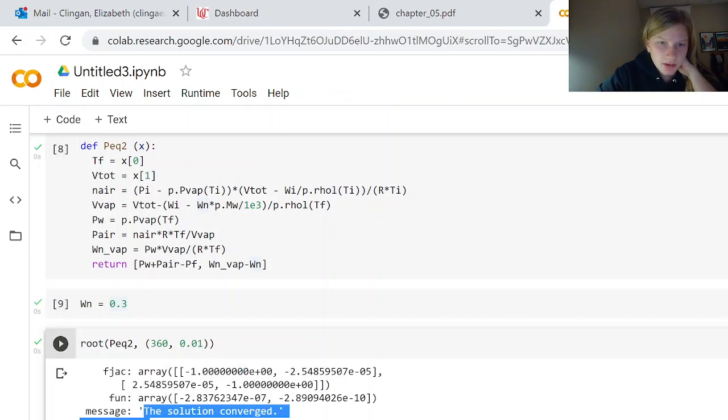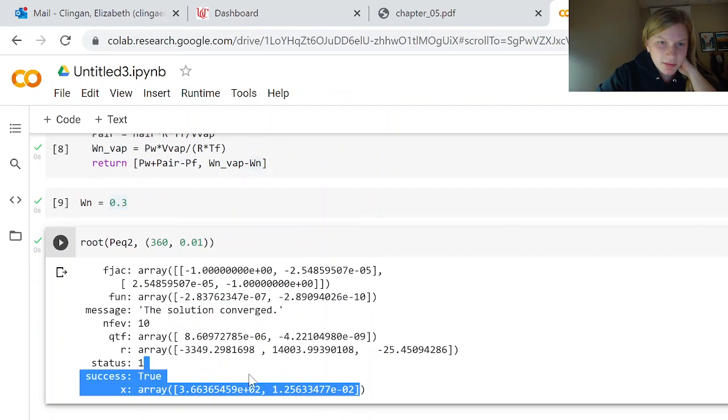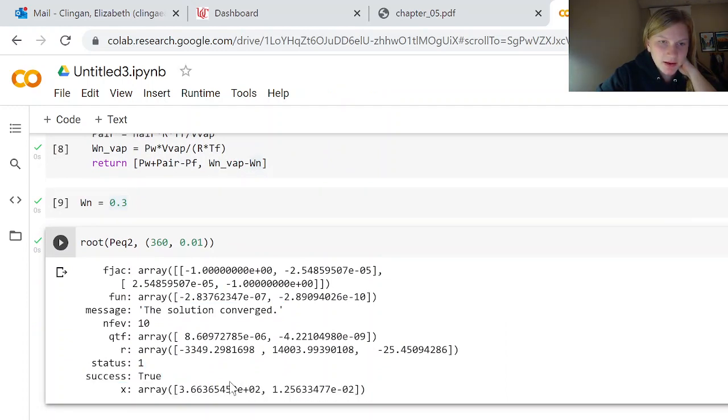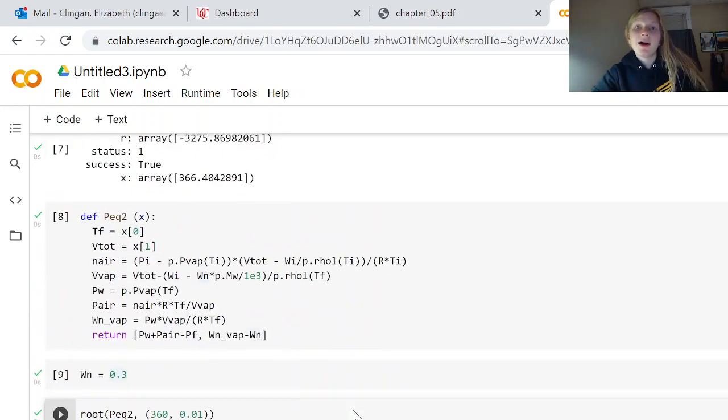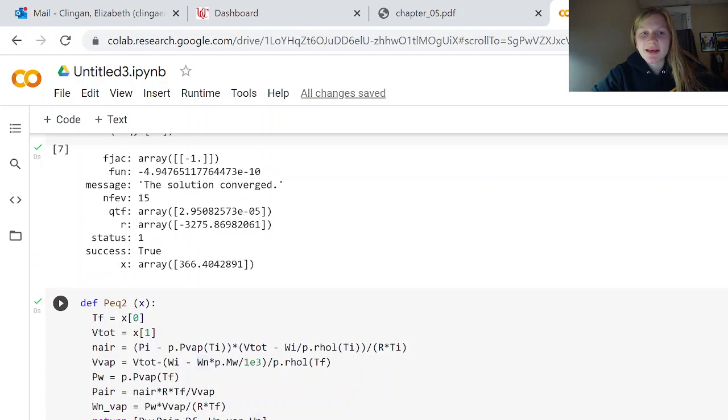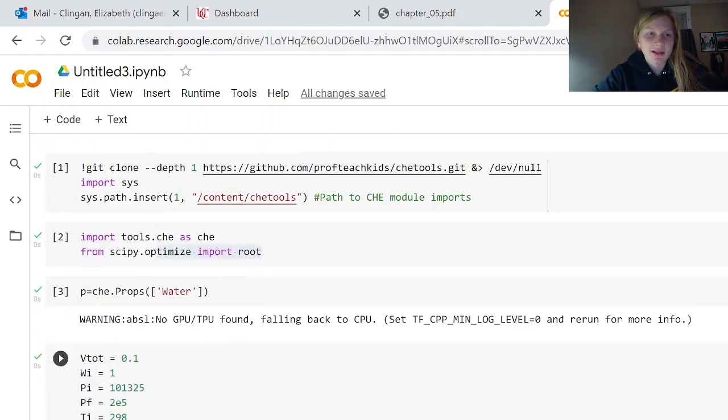Okay, yes, thank God, the solution converged. And here we have some more normal looking numbers. The temperature is positive and around the same value as from the problem before. Okay, so glad we got that done, and now I'm confident that this code is doing exactly what I want it to do. So that's good.